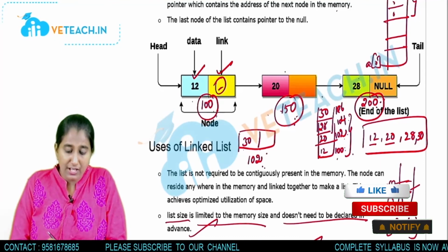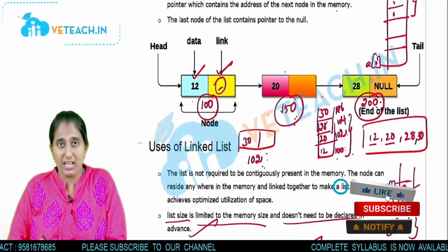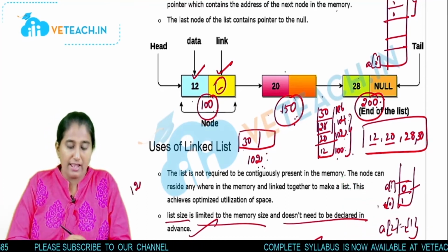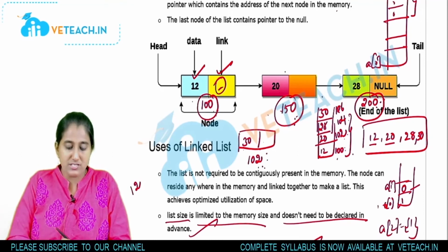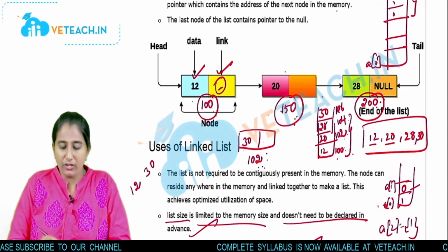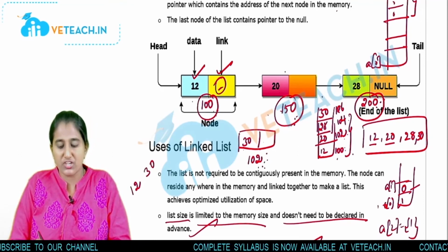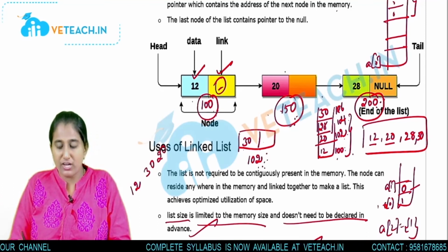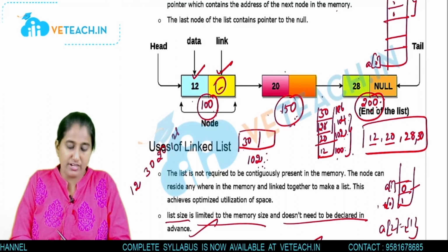But after 100 location, the nearby location is 102. So after 12, you would trace the element 30. After 102, the nearby location element is 20. After 150 location, the nearby location is 200, which means the element is 28.